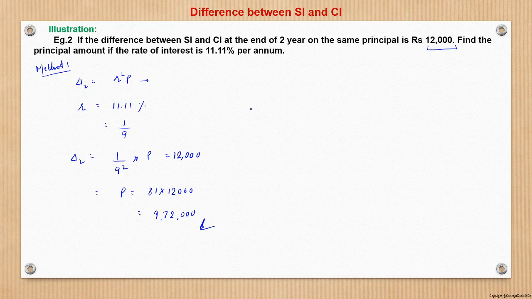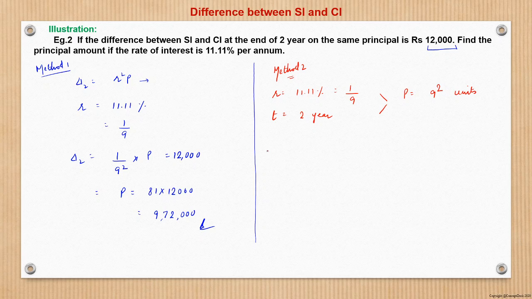Or using the method which we just saw, method 2, here r is 11.11%, which is nothing but 1 by 9, and time is 2 years. So from these two we will assume that the principal be 9 square units, right?